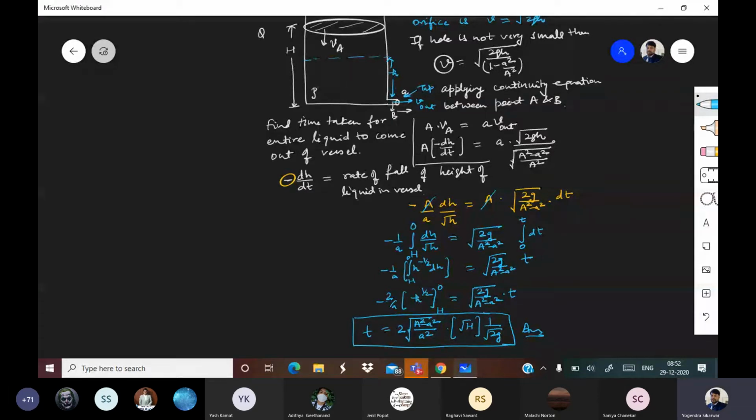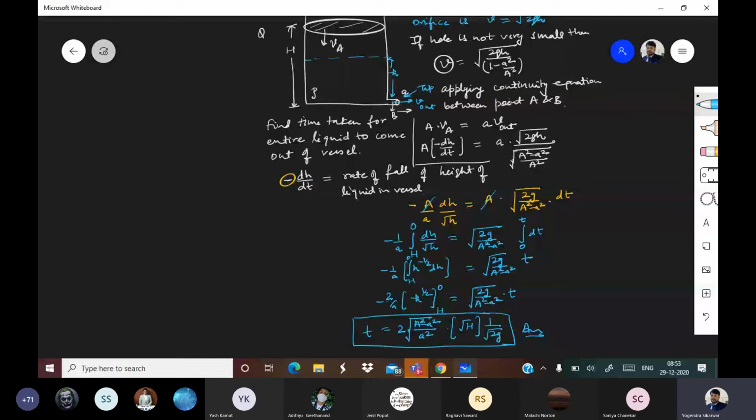Aditya is saying, sir, how did you get root of 1 upon a square? Because see, that 1 upon a was there.